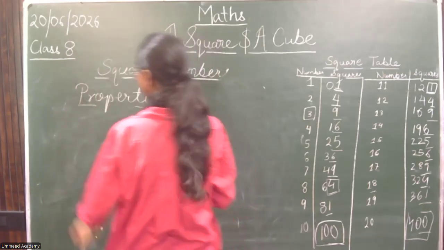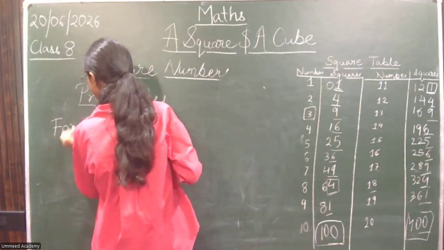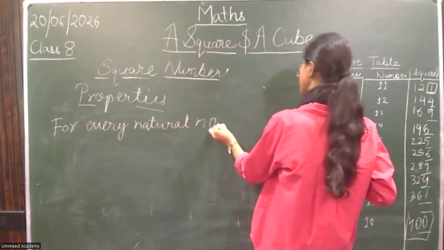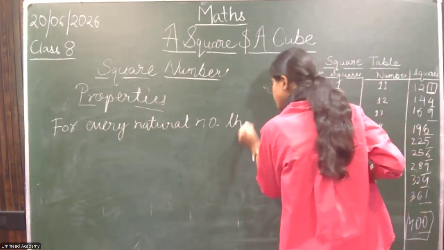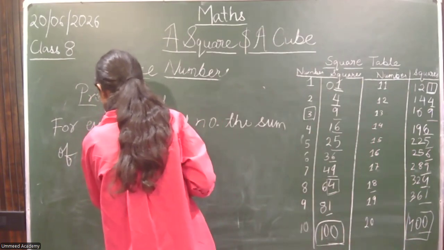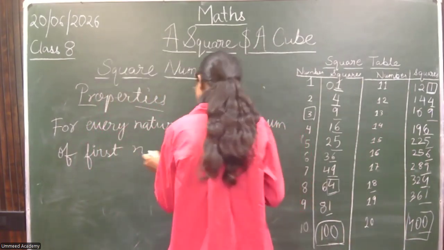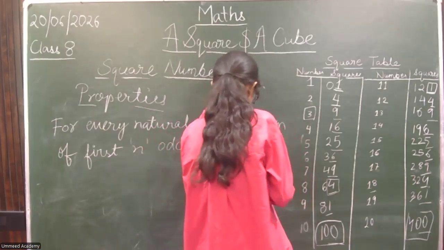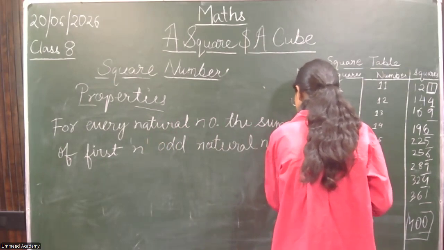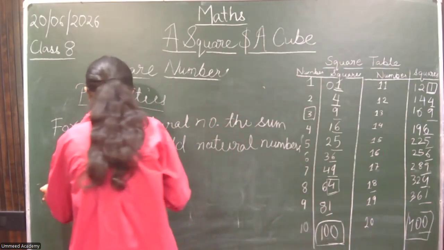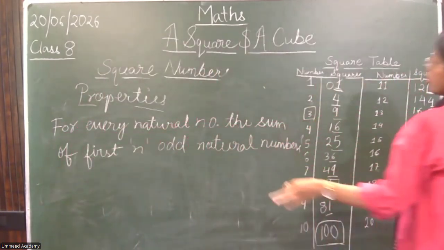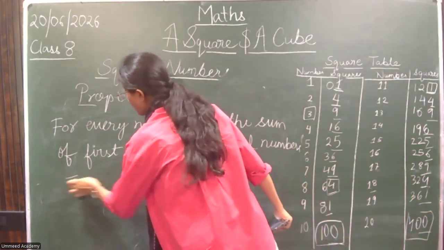So I think this is property number 5 or 6, I don't know. This property is: for every natural number n, the sum of the first n odd natural numbers is equal to n square.